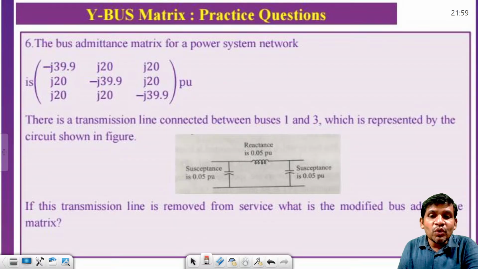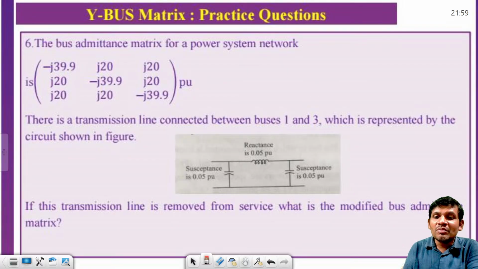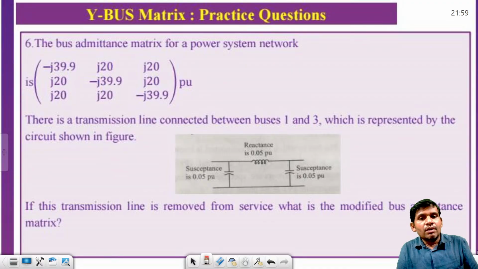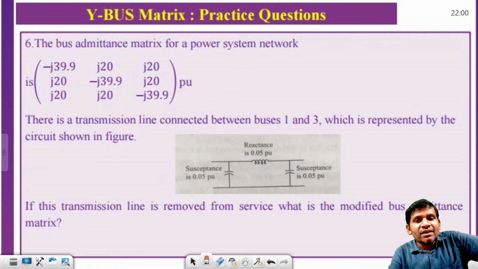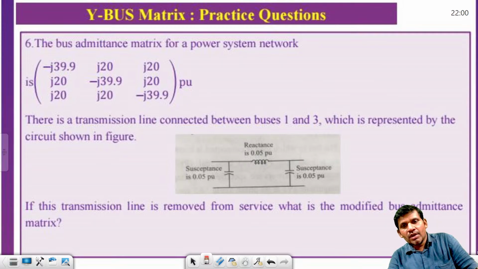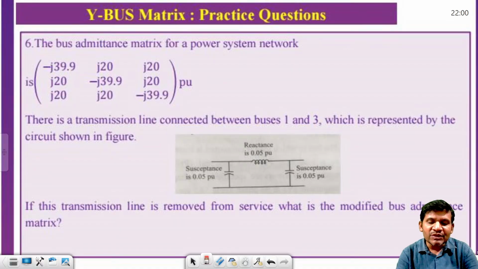If the transmission line is removed between 1 and 3, which elements will be affected? Can anybody say which elements can be affected?